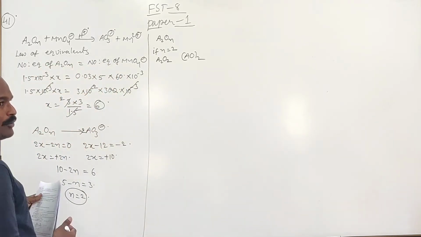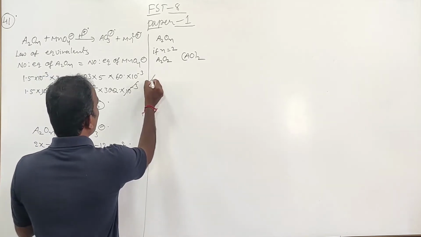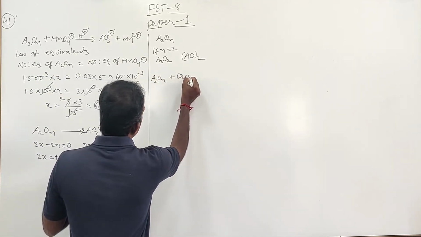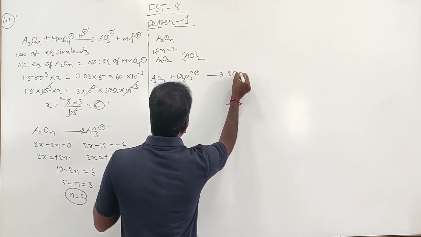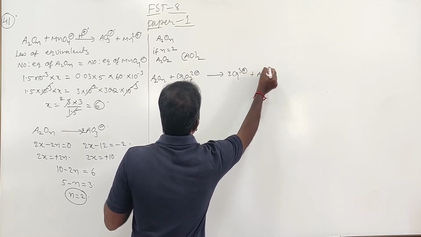This is what we have to see. Now, if I take A2ON and react with Cr2O7 2 minus, it gives rise to 2Cr3 plus and AO3 minus.